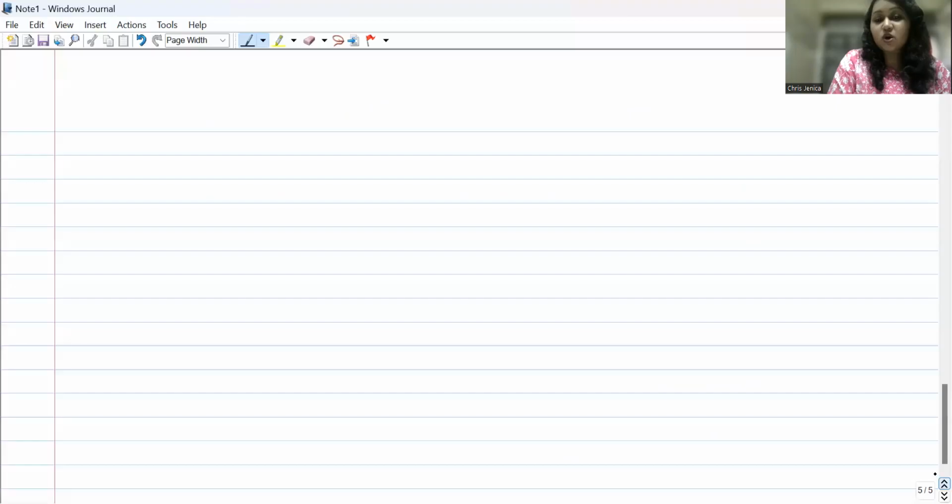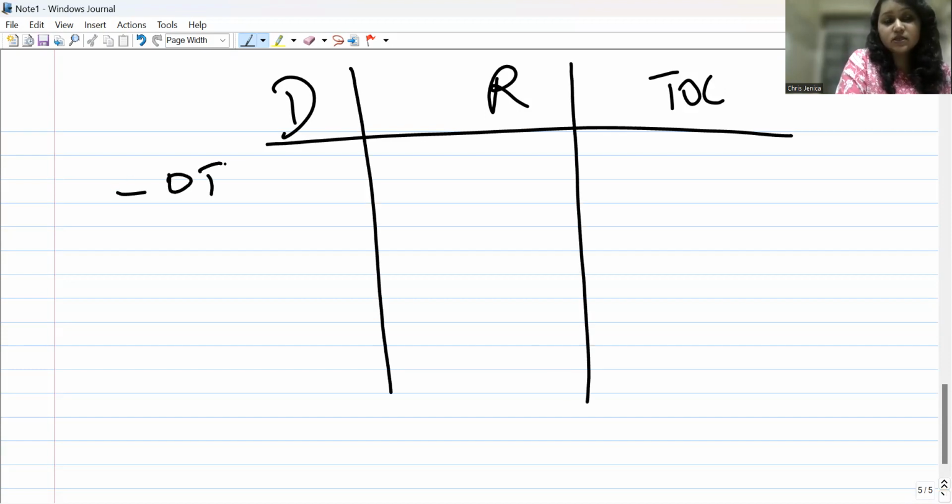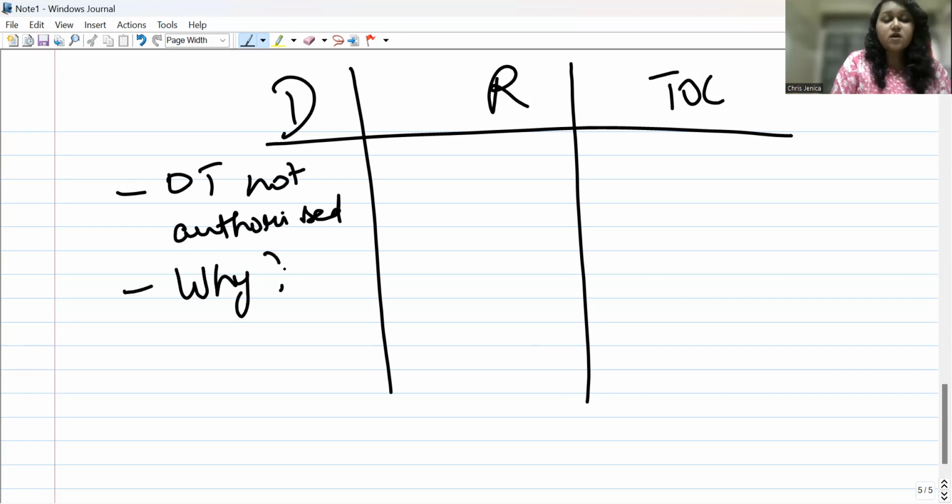Basically, the overtime work is not authorized, right? So the overtime work is not authorized is my point here. That is the deficiency that I have identified. Now, why I think this is a deficiency? Because overtime has been worked, and if it is not going to be authorized, it means that either incorrect amount could be processed and paid, or the overtime calculation can be wrong, and for the wrong person without authorization the payment could be made.